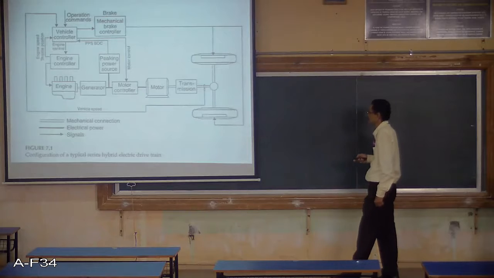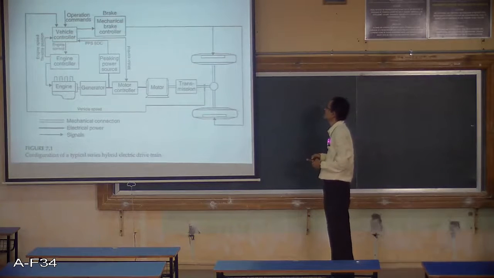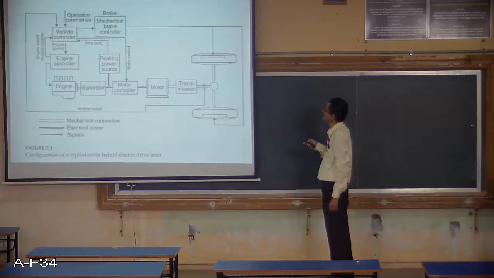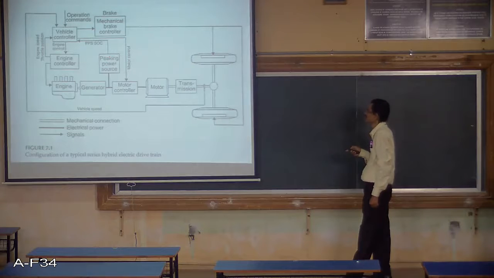And this part, the configuration of a typical series hybrid electric drivetrain, we also covered in the last class. We have seen all these components connected in the block diagram, and we have seen what is meant by peaking power source.